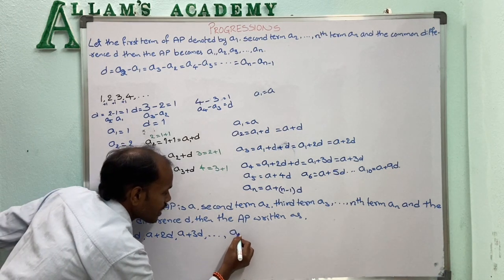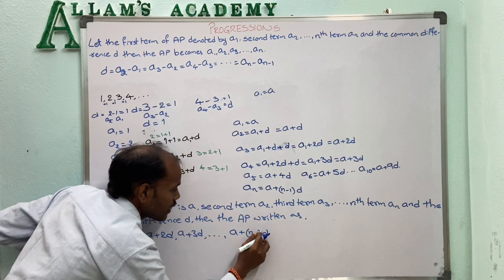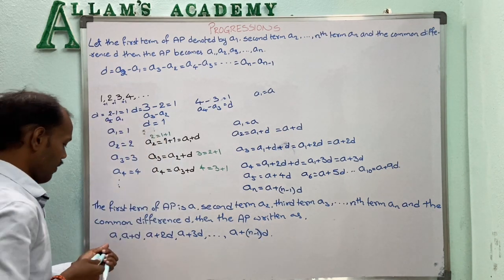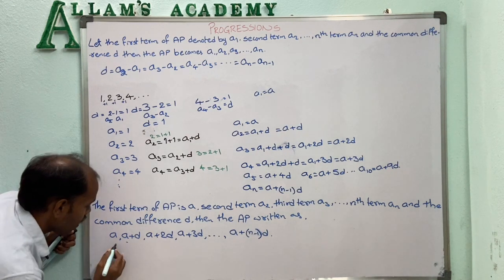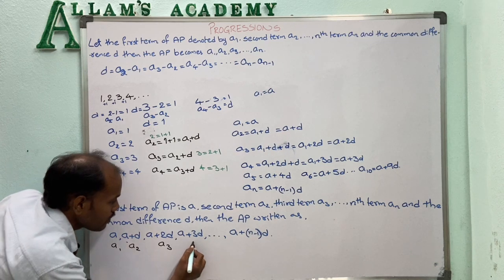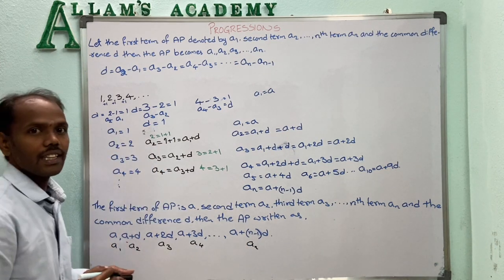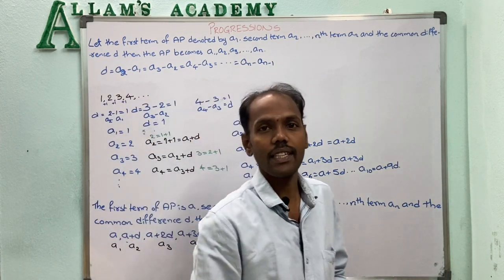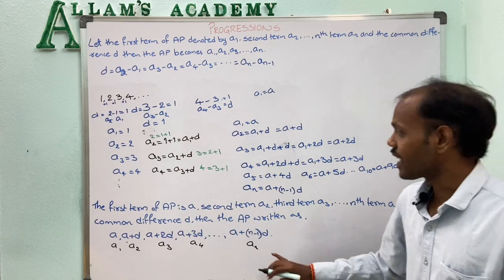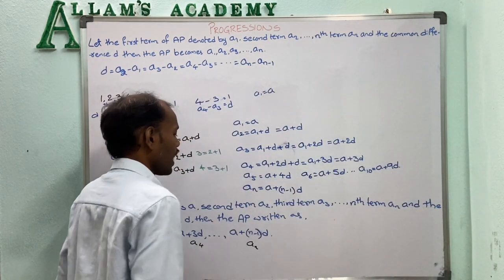The nth term is written as A plus n minus 1 into D. So this nth term is also called the general form of an AP.